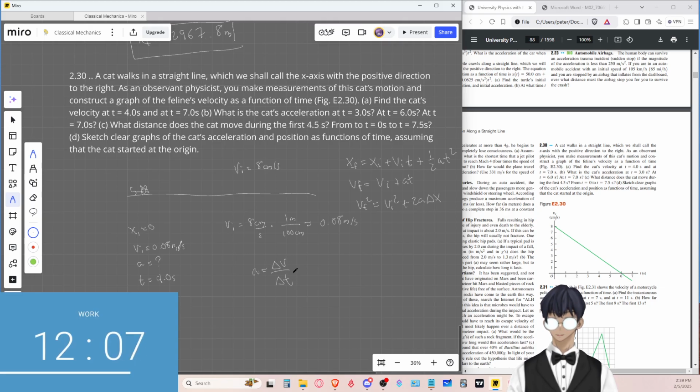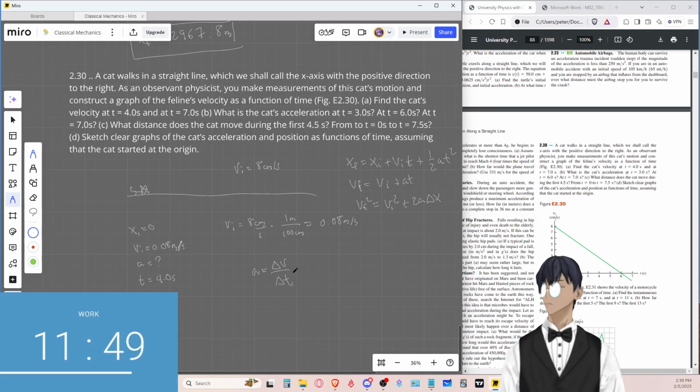So we don't know the final velocity. I mean, this is the average acceleration. We have the time. Oh no, we have the initial acceleration. We do have the time too, but we have the initial velocity.